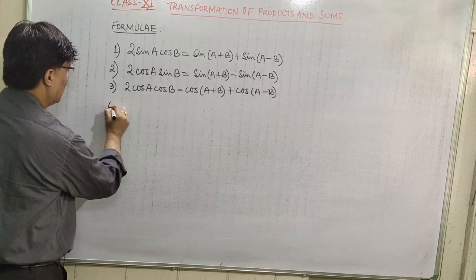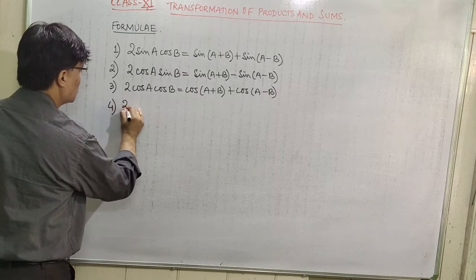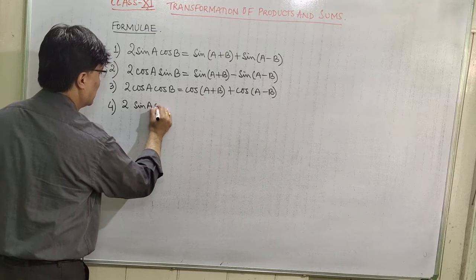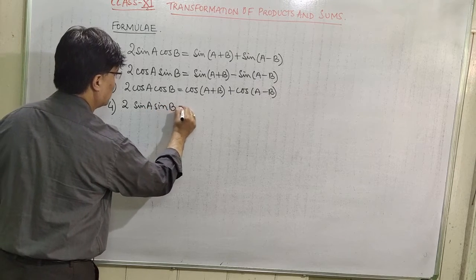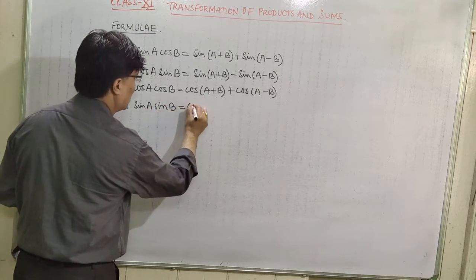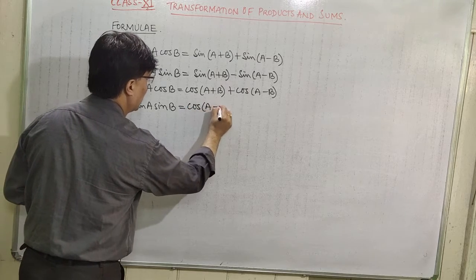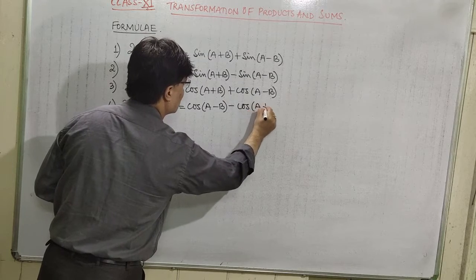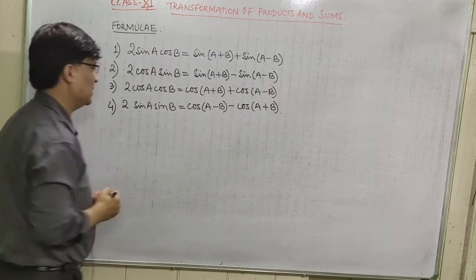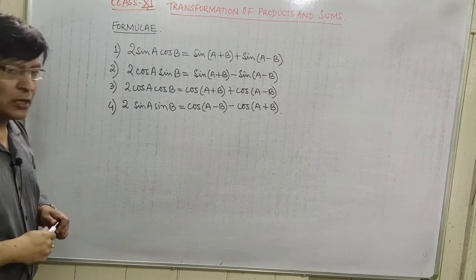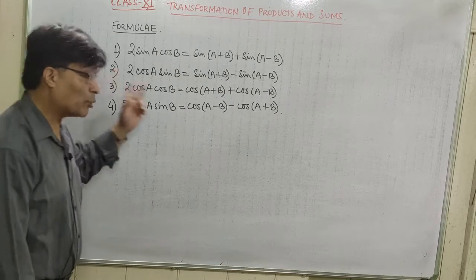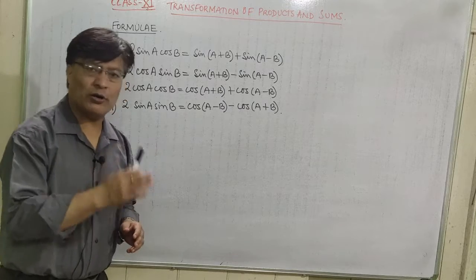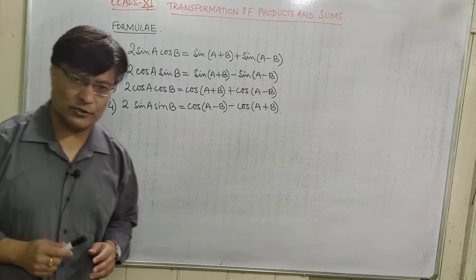Next formula is number 4 is 2 sine A sine B. If it is 2 sine A sine B, then the formula will be cos of A minus B minus cos of A plus B. Okay, so we have converted product of two trigonometric functions into sum or difference of two trigonometric functions.